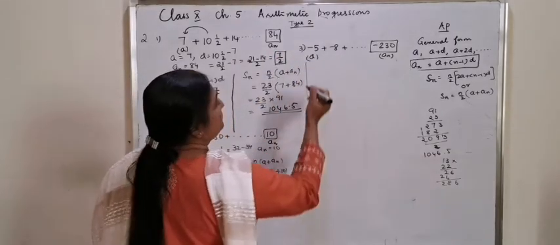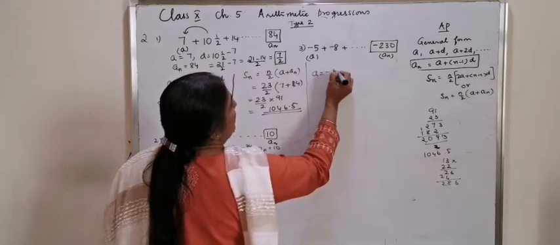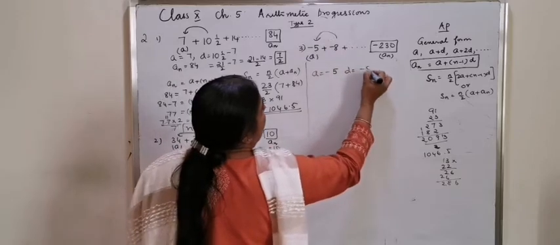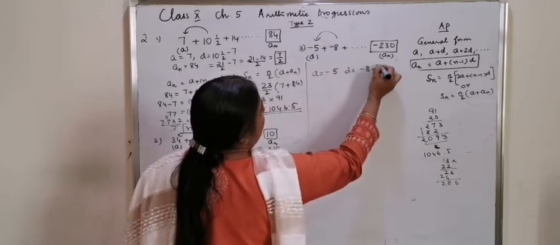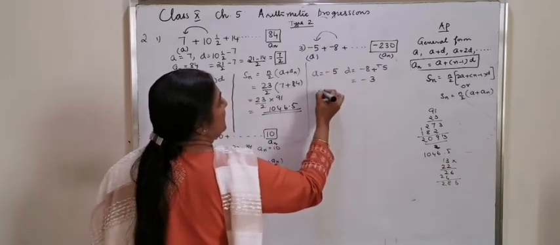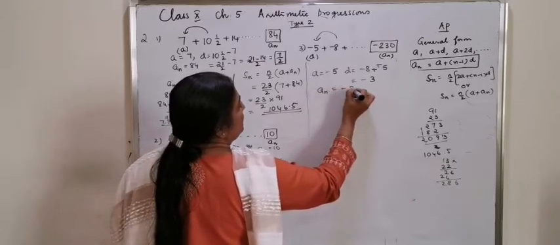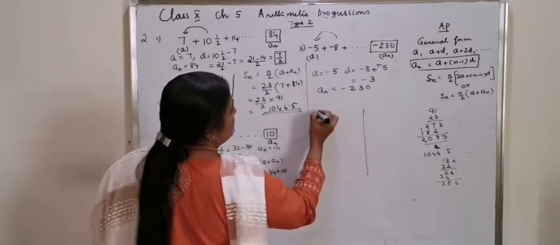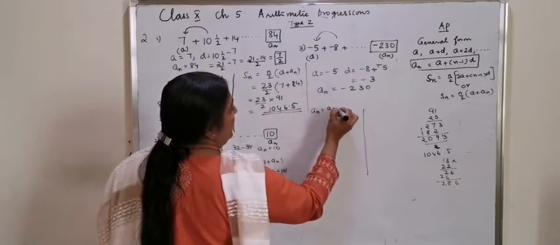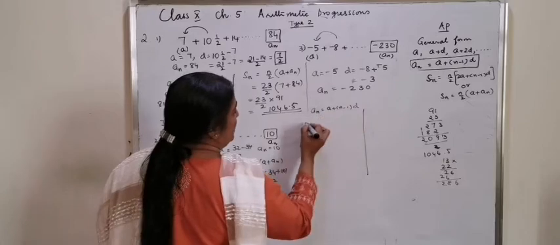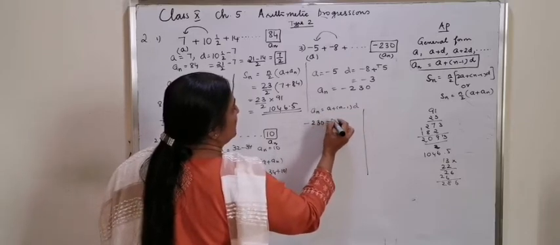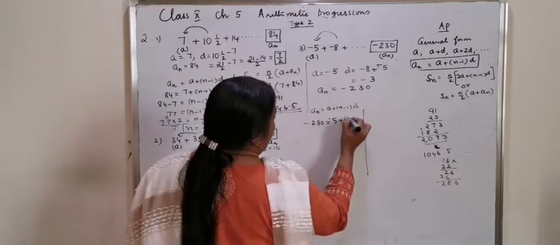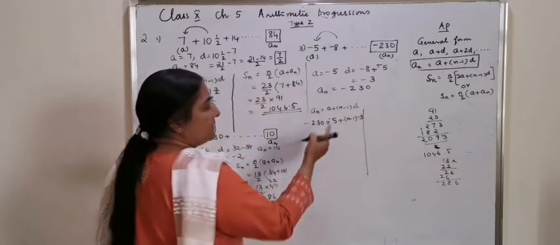Similarly, A value is minus 5, D is equal to minus 8 minus minus 5, which is equal to minus 3, and An is equal to minus 230. An is equal to A plus n minus 1 into D. Minus 230 is equal to minus 5 plus n minus 1 into minus 3.